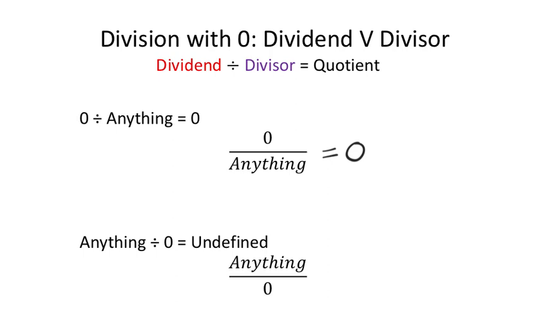Now the reason that is, let's look at an example. If I did 0 divided by 10, in long division, you'd have nothing to divide with 10 people. If you got nothing, how many times does 10 go into 0? Or if you had nothing to divide with 10 people, how much is each person going to get?